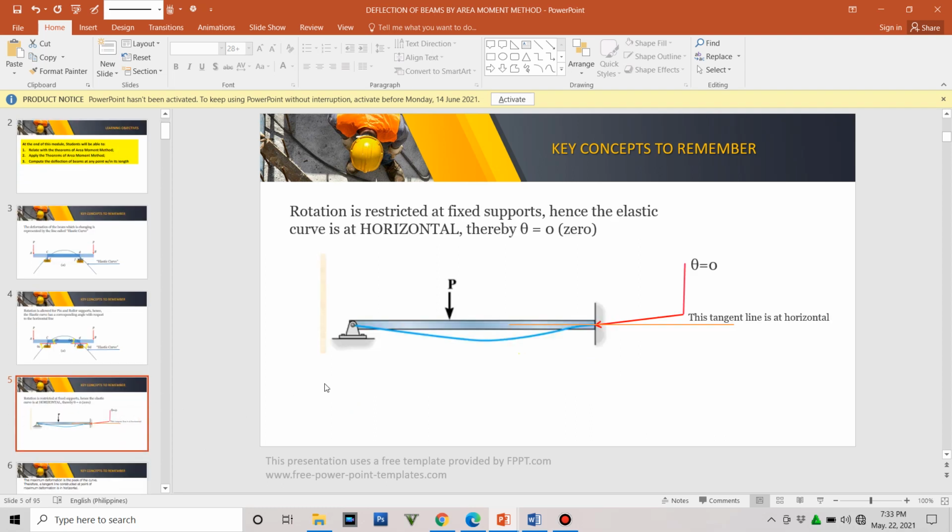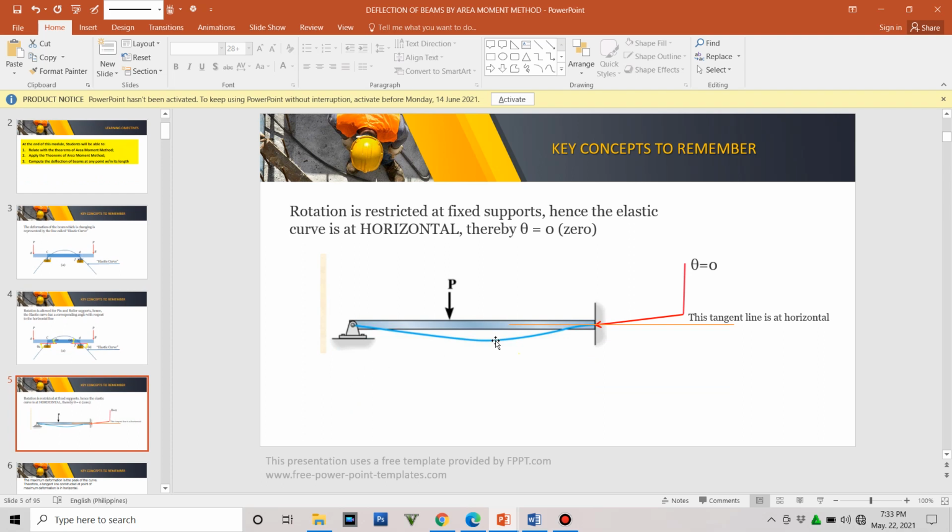But not in a fixed connection because rotation is restricted at fixed support. Kaya nga, meron niyang internal reaction na moment. Okay? Kaya hindi niya pinaparotate or it is restrained at the fixed end. Okay? At the fixed support.